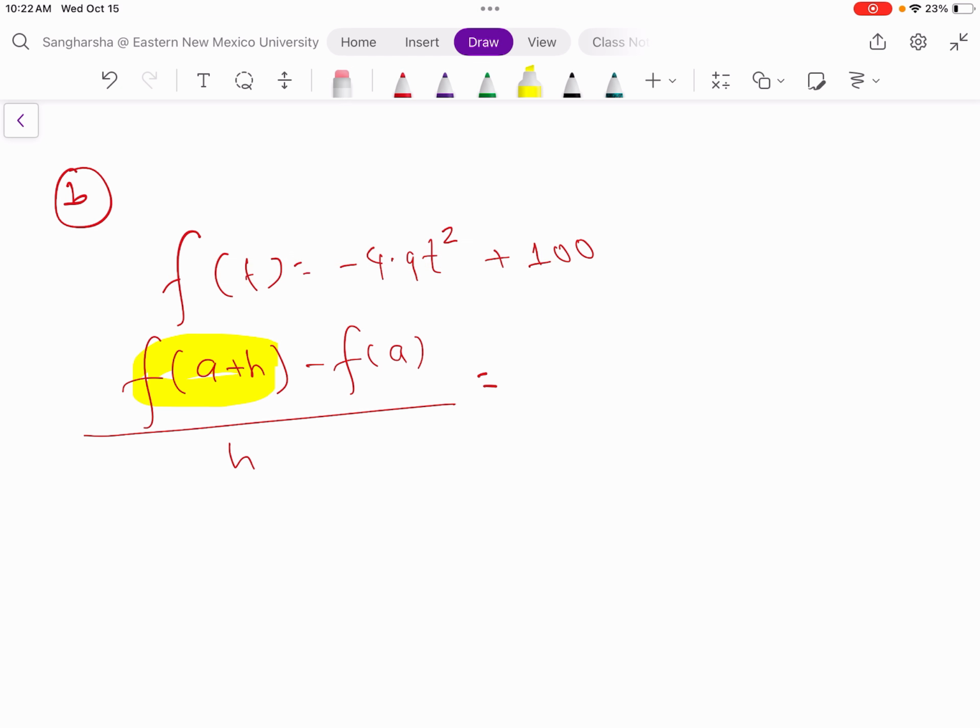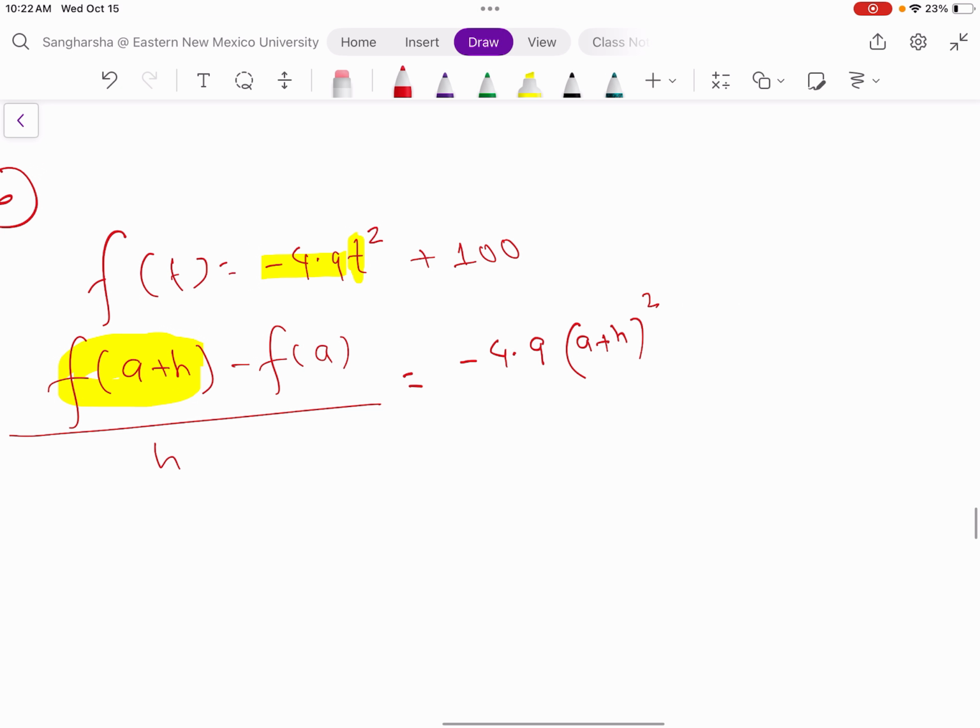So we have negative 4.9 as it is, and this t we replace by a plus h, squared, plus 100. This is f of a plus h.